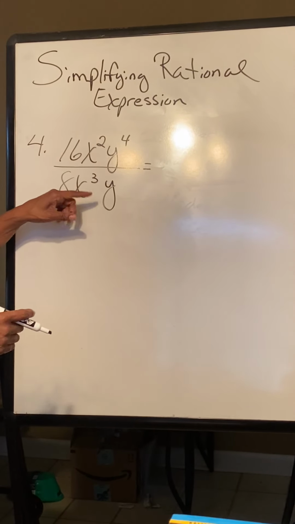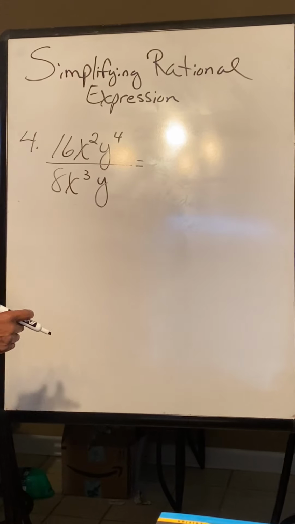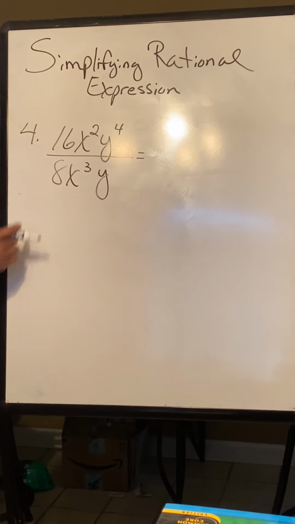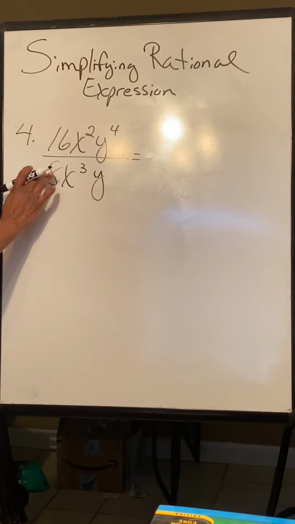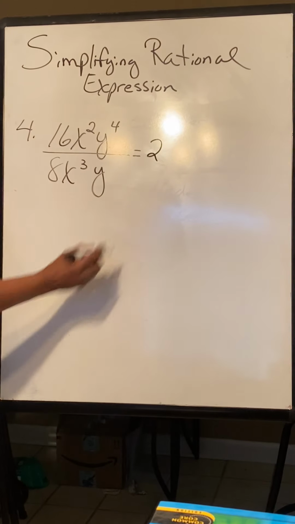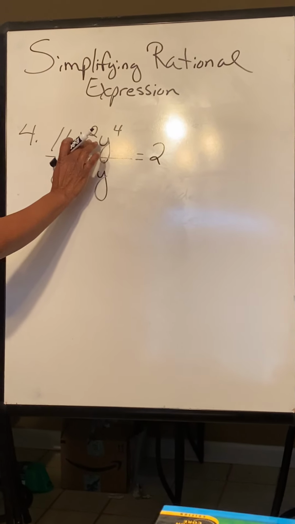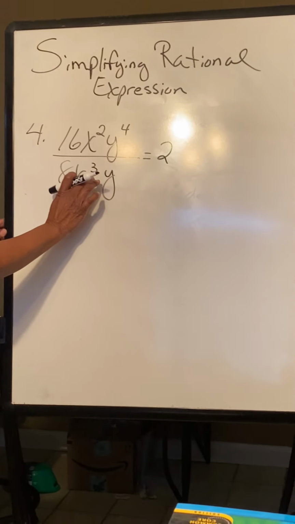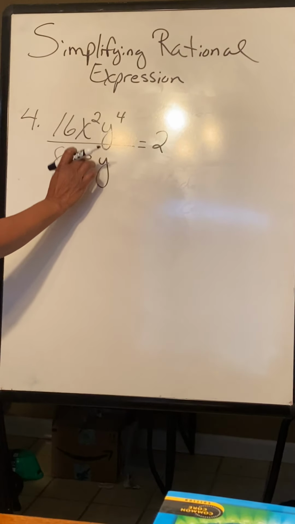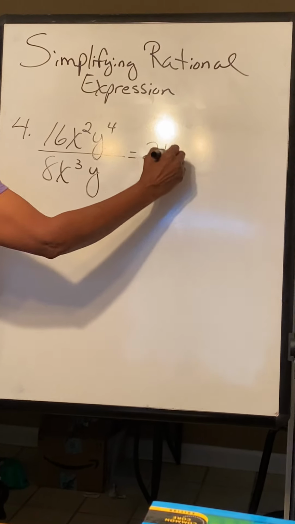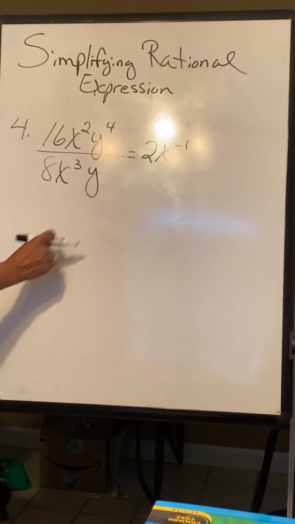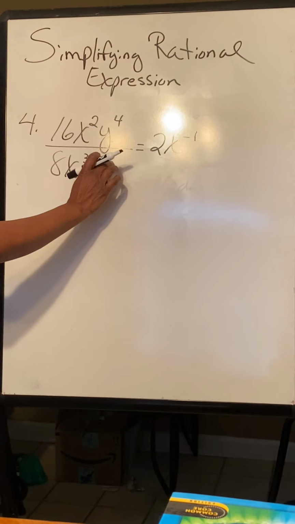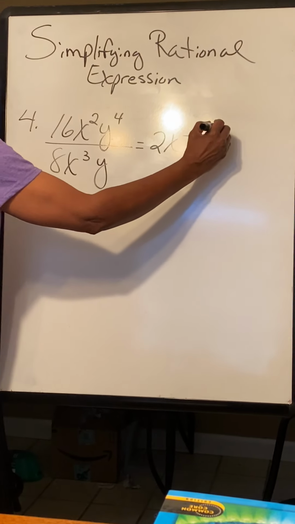Remember, when you divide like bases, you subtract exponents. So let's look at the numerical coefficients first. 16 divided by 8 gives us 2. I have x to the 2nd divided by x to the 3rd. The rule tells me to subtract the exponents, so I get x raised to the negative 1. 4 minus 1 gives me 3, so I get y to the 3rd.